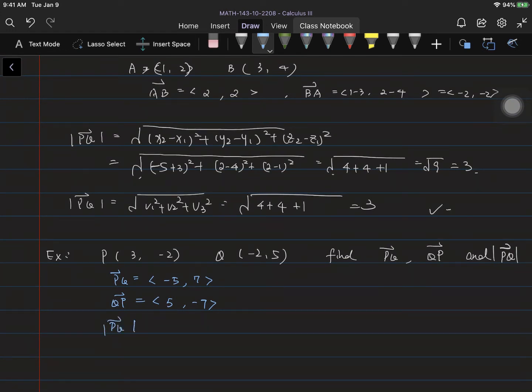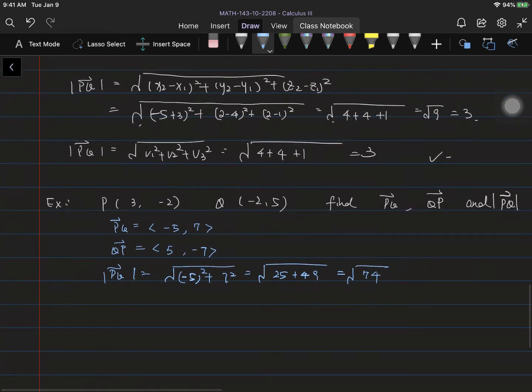PQ vector length, just square root of the component squares. So it should be root of 25 plus 49, root of 64. Yeah, this is the length. Okay, so this is the definition of the length of a vector and an example.